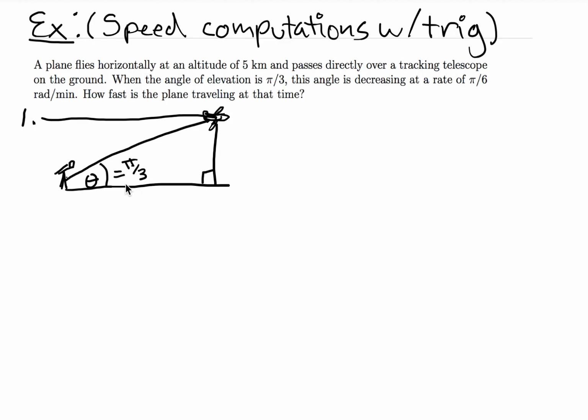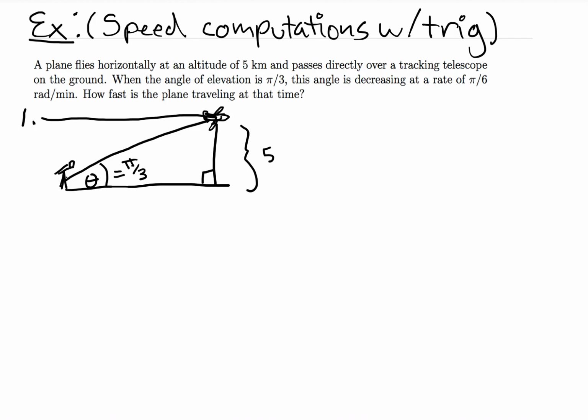Let's think about the quantities we're looking at. First off, we've named the altitude, so maybe this is a side we care about. This is my altitude, that's 5 kilometers here.